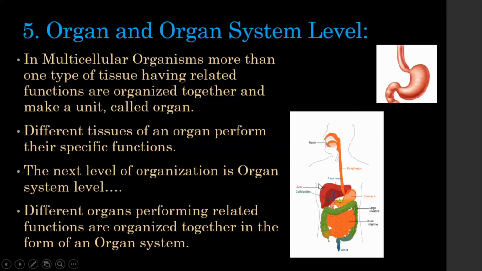For example, the digestive system is an organ system that carries out digestion. Major organs in its framework are the oral cavity, stomach, small intestine, large intestine, liver, and pancreas. All these organs help in the process of digestion.